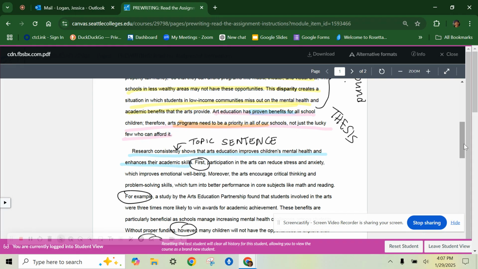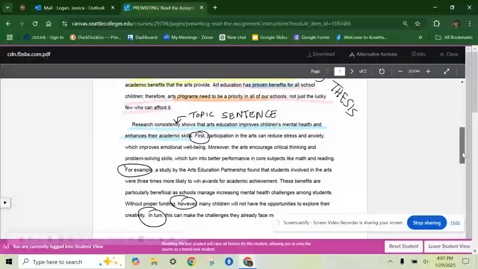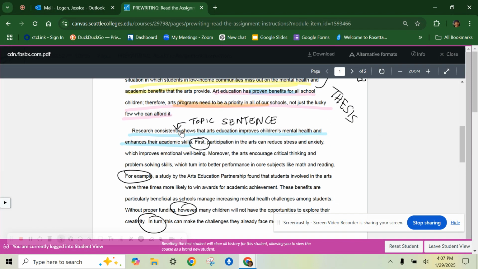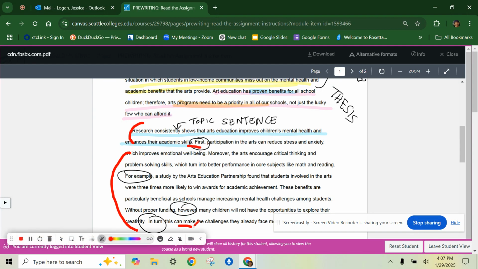Now you will see that we start to have our typical paragraph structure. We have our topic sentence, our supporting details, we have transitions, and we have a conclusion.